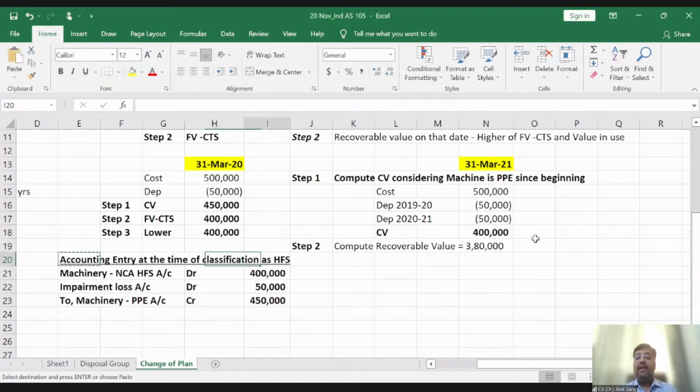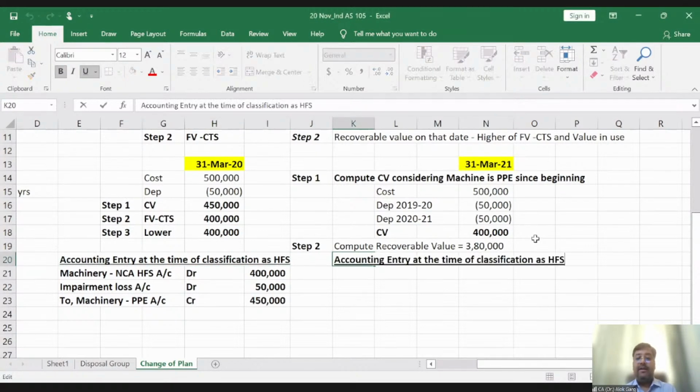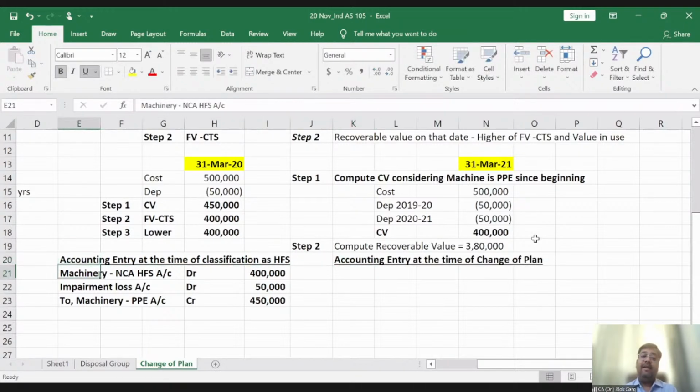Sir, what is the accounting entry at the time of change of plan? When we reclassified to HFS, we debited machinery NCHFS and credited machinery PPE.